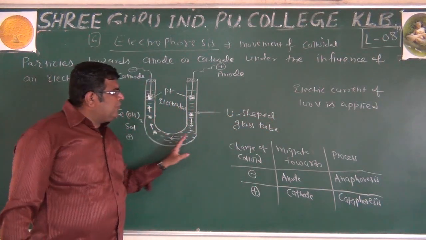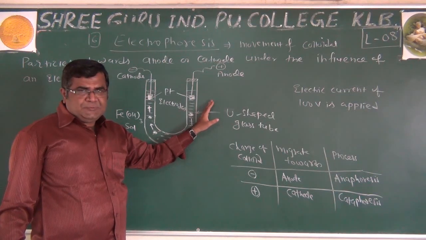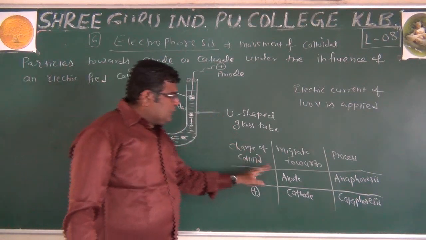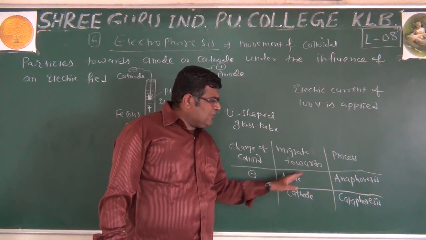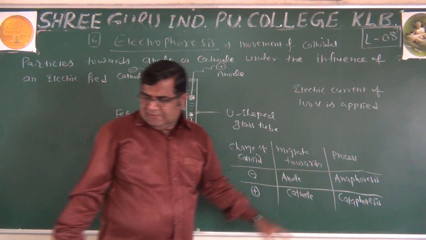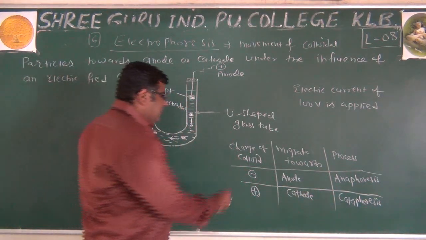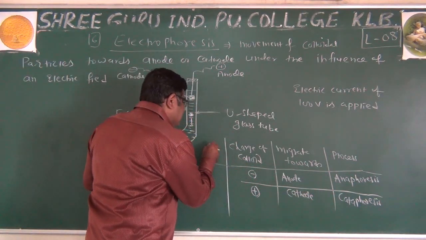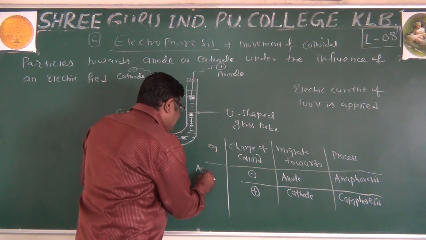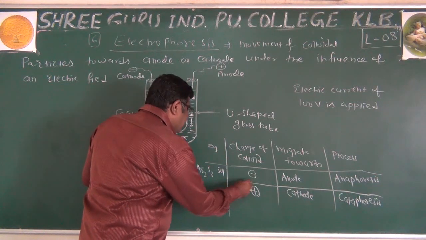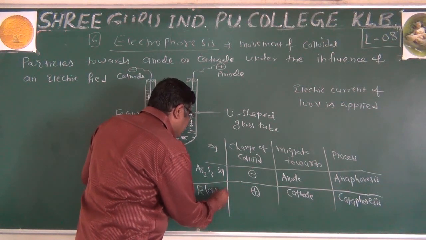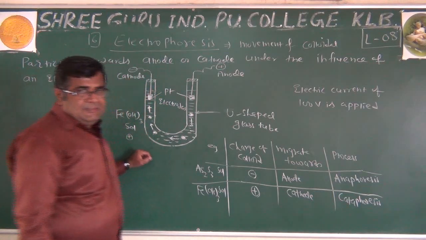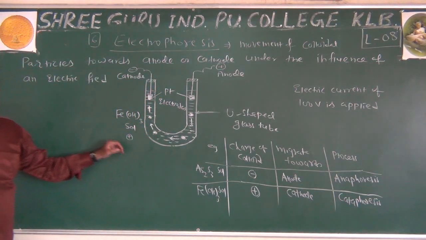Colloidal particles migrate towards the oppositely charged electrode. If they migrate towards cathode, the process is called cataphoresis. Migrate towards anode, it is called anaphoresis. One example also you can give: when the colloid is negatively charged, it is As2S3 sol particles, and if it is positively charged, it is ferric hydroxide sol particles. So that explanation is more than enough.